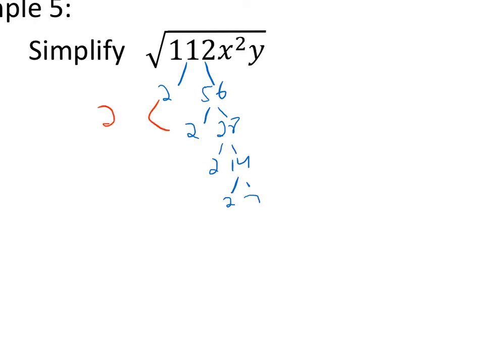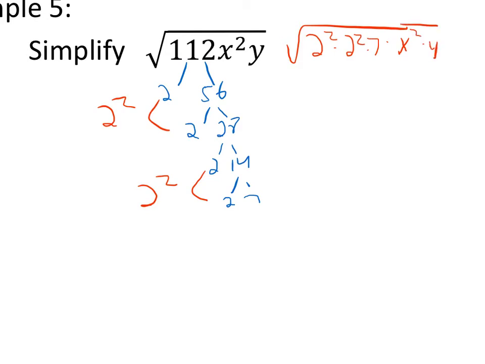So we have 2 squared and 2 squared. But I'm also going to write down this. Well, actually, I'll wait for that. So I have a root of 2 squared times 2 squared times 7 times x squared times y.